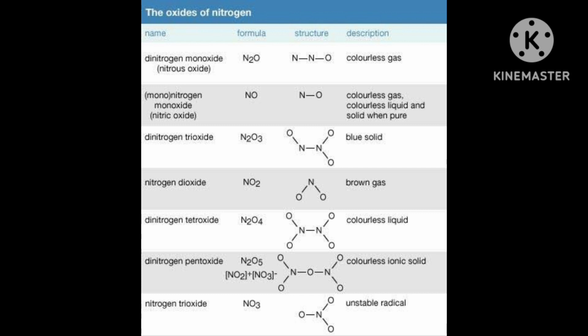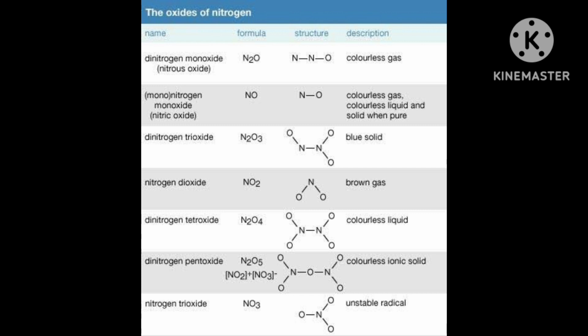In one nitrogen 2 oxygens are attached, and in the other nitrogen 1 oxygen is attached. Out of 3 oxygens, 2 oxygens are joined to nitrogen by double bond, and 1 oxygen by single bond.